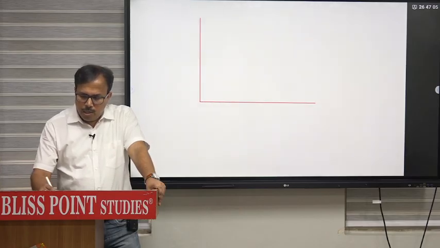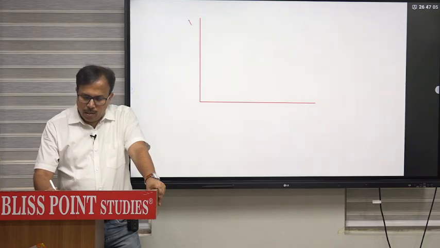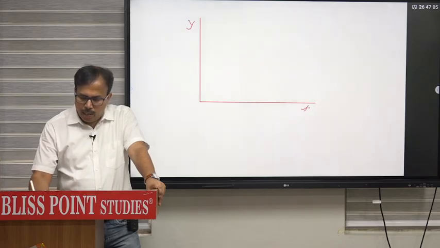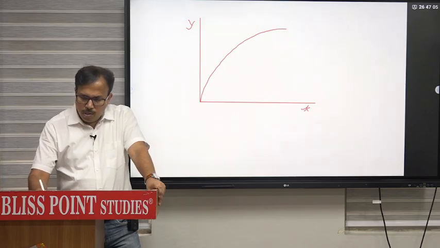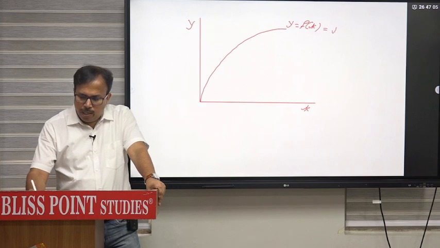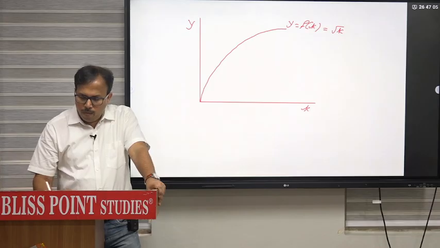That means if you write here y and here small k, then you have to plot the production function like this, diminishing return. This is y as a function of k. If a function has a specific form like under root k, it means that if the capital stock is 100, then corresponding to that capital stock 100, output will be 10.